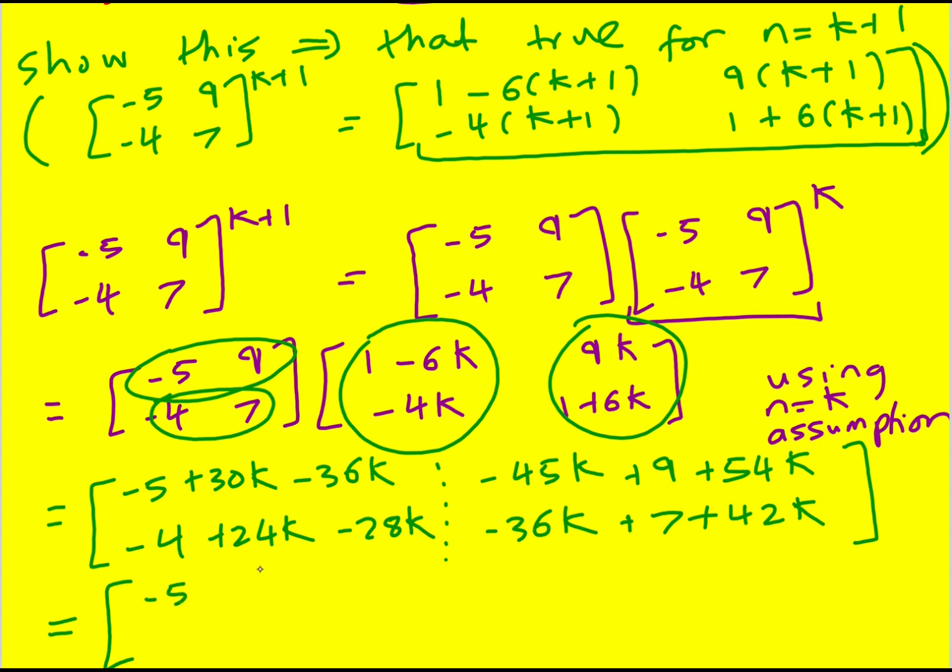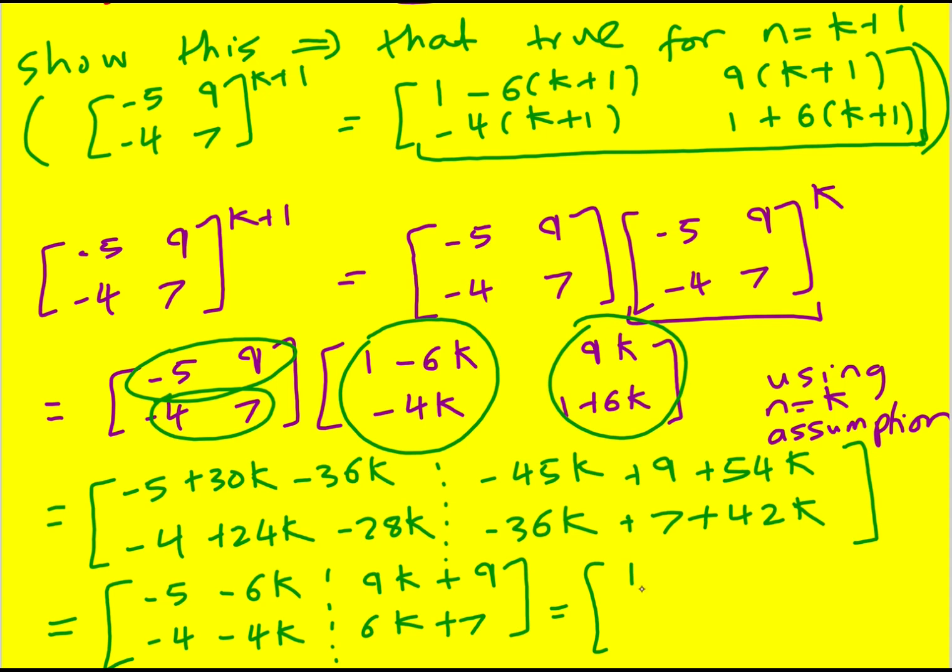So minus 5 minus 6k, minus 4 minus 4k, 9k plus 9, 6k plus 7. And then I can try and write it as above. So I can see if I expand this, I'm going to get 1 minus 6k minus 6. That will become minus 5 minus 6k. So I can just go the opposite way.